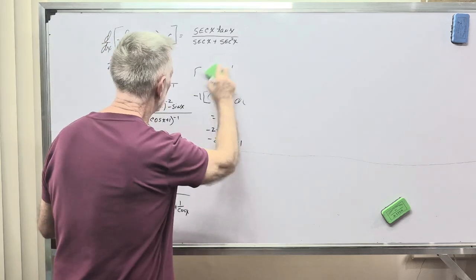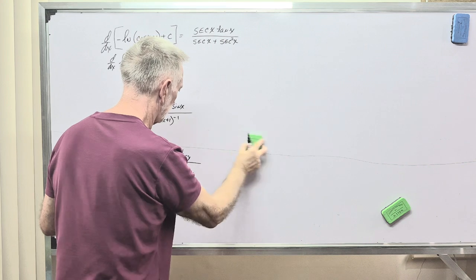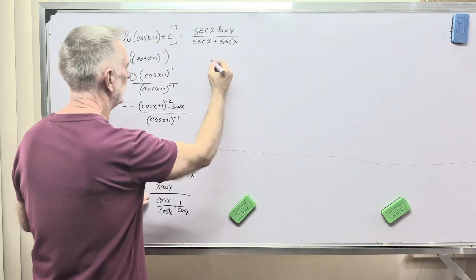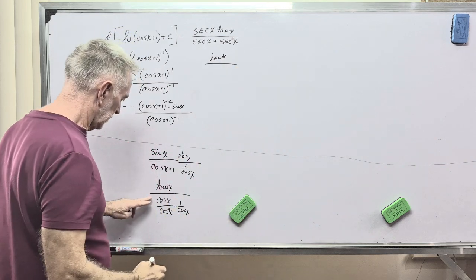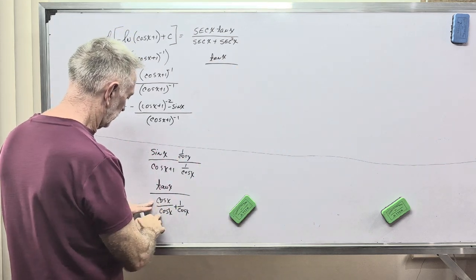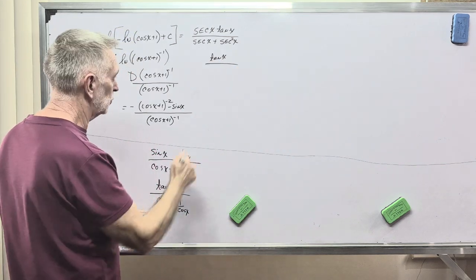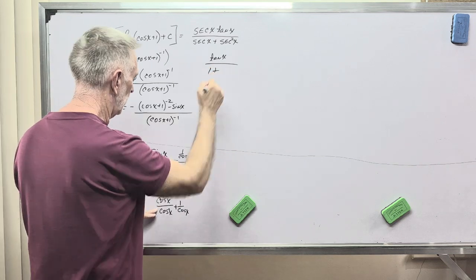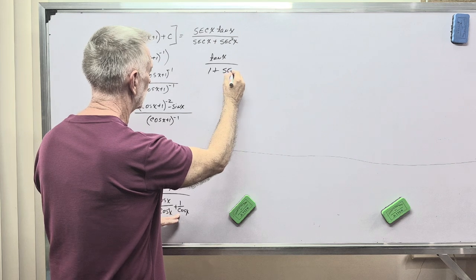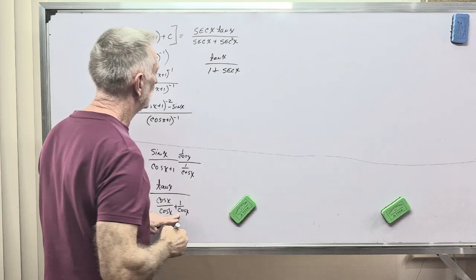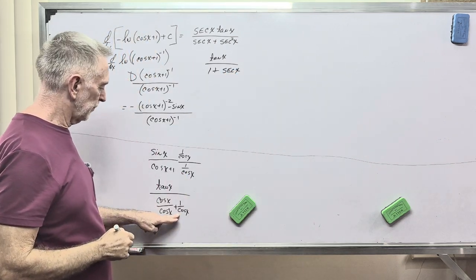Now let me move up to the top here. So I have tangent x over cosine x over cosine x is 1 plus 1 over cosine is secant x. Well, we're getting close, aren't we?